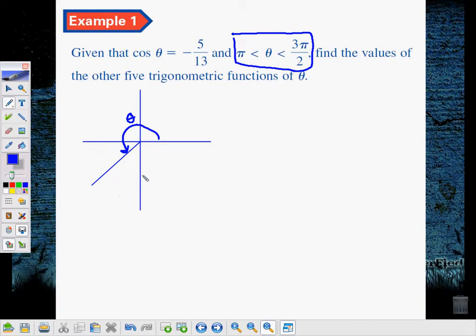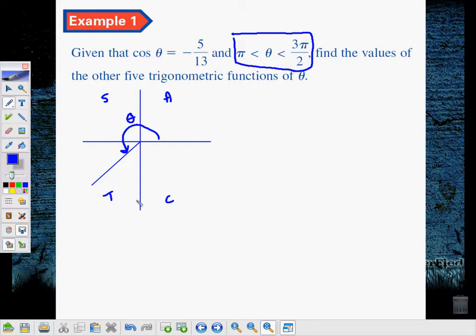And down in this quadrant, in the third quadrant, I know the only thing that's positive is tangent. Okay, if we remember our old saying, all students take calculus, I can see that all things are positive in the first quadrant. Sine is positive in the second. Tangent is positive in the third. Cosine is positive in the fourth.